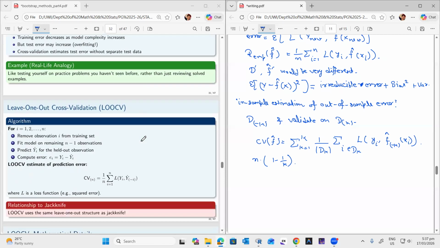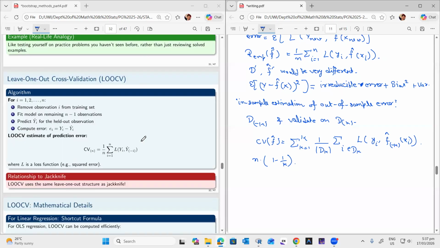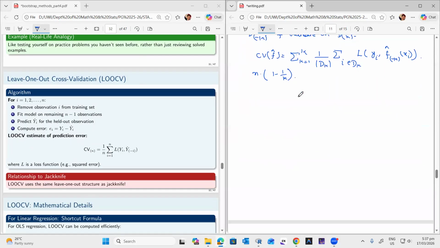So here we have the leave one out cross validation, that is called the LOOCV method. So the algorithm is there. For i equals 1 to n, remove the ith observation from the training set, fit the model on the remaining n minus 1 observations, predict yi on the held out observation, and compute the error ei equals yi minus yi cap.